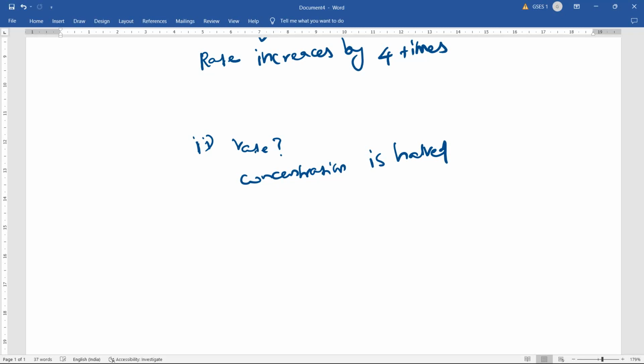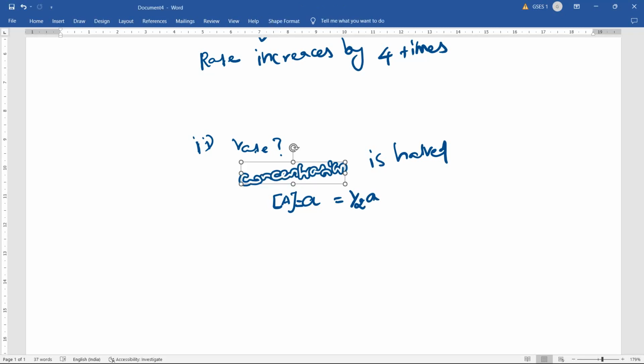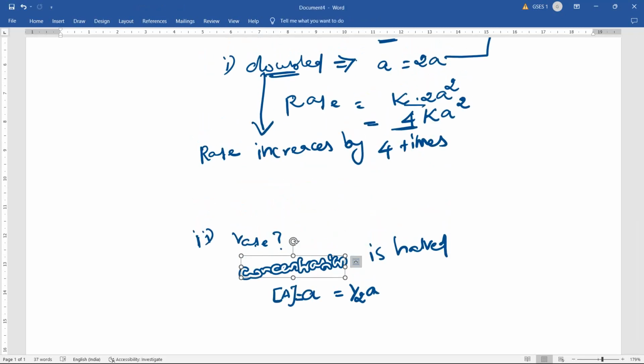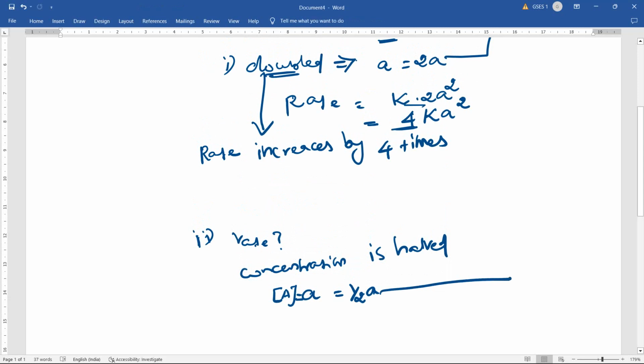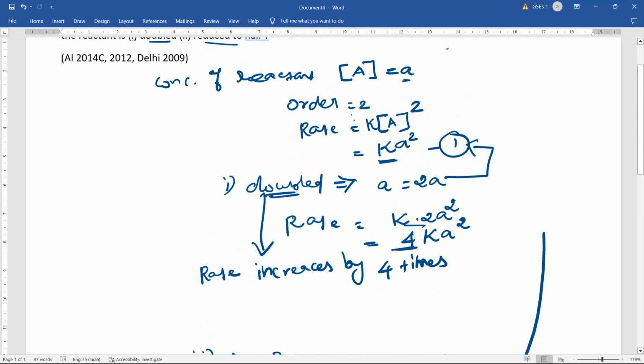That means the concentration we have taken, that is A, is equal to 1 by 2 A. So substitute this in equation 1. Substitute this in this equation.